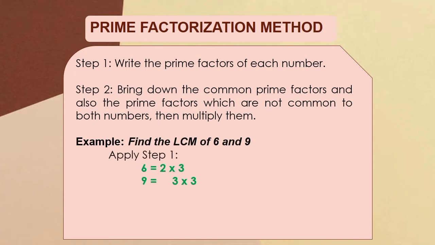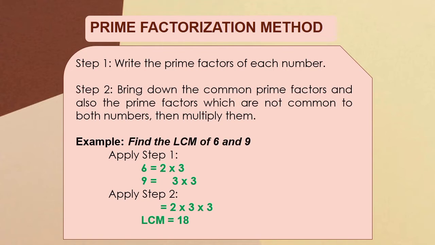Let's apply the step 1. The prime factors of 6 are 2 times 3, and the prime factors of 9 are 3 times 3. Now, let's apply the step 2. Bring down the common prime factors and also the not common prime factors.